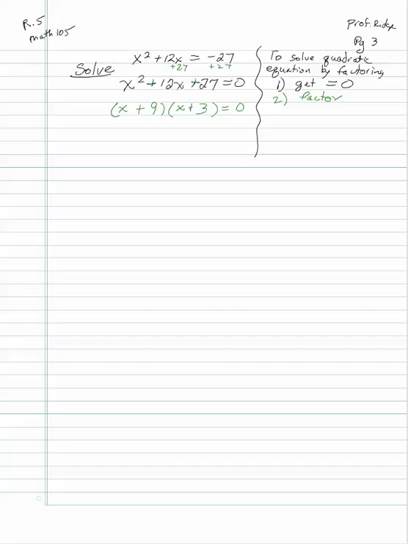Put in my signs. Then my third step is you're going to set each factor equals 0 using the zero product principle. So I'm going to do x plus 9 equal to 0, or x plus 3 equals 0. And the last step is just going to solve each one.